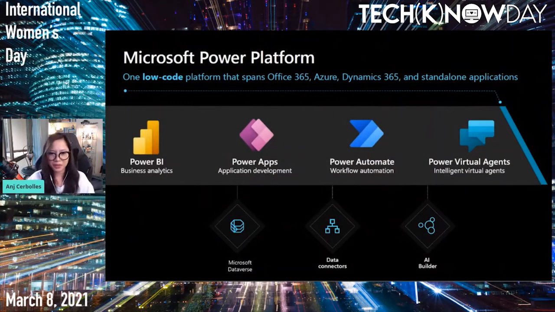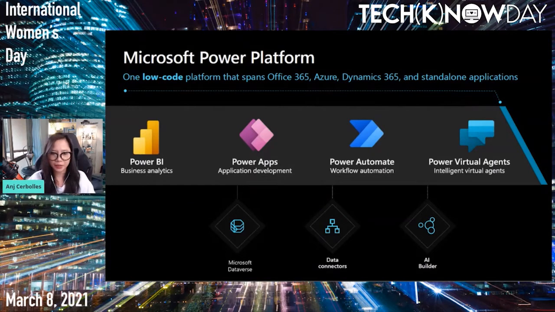If you're not familiar with it, Microsoft Power Platform is a low-code platform where you can analyze your business's data using Power BI, build applications using Power Apps, automate your processes using Power Automate, and build intelligent bots using Power Virtual Agents.